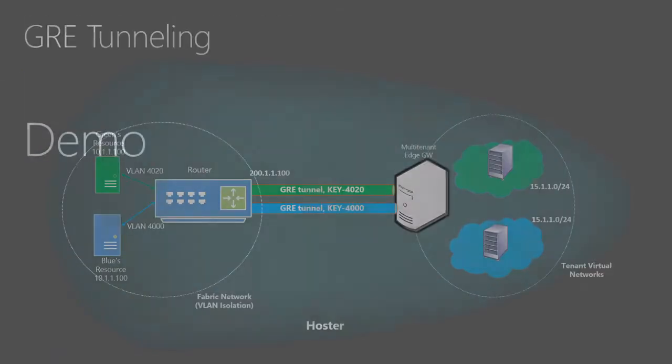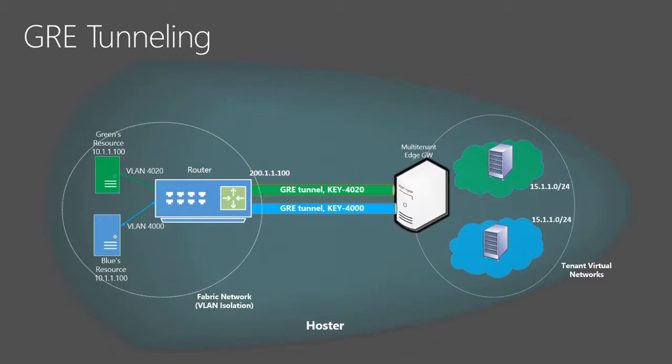Now let us see GRE in action. Let me describe what the setup is. Here we have two resources, one for green and one for blue, and these resources are residing in the physical network. Then we have green and blue having their virtual networks in the cloud, and the cloud workloads want to naturally access these resources.